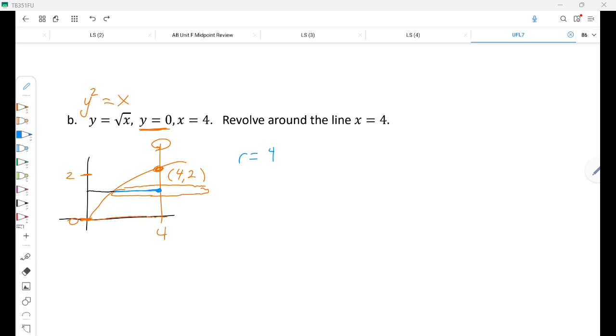We're used to plugging in values of x to figure out y's. But when we're thinking in terms this way, we are thinking about plugging in y's to get x's. So if I'm here, I have some y value, and I want to know what the corresponding x value is.